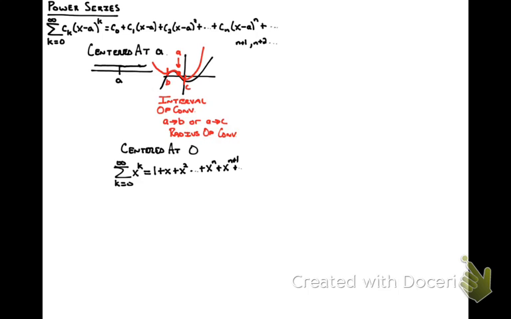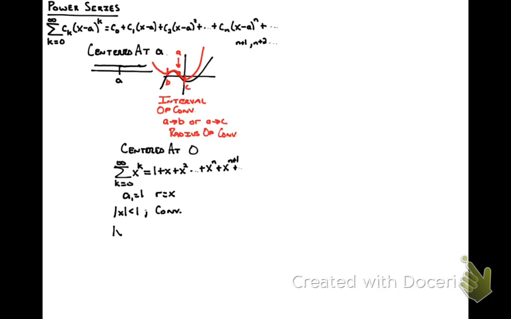Now this is a geometric series whose starting value is 1 and whose common ratio is x. And you should recall that since this is a geometric series, whenever the absolute value of x is less than 1, this series converges.